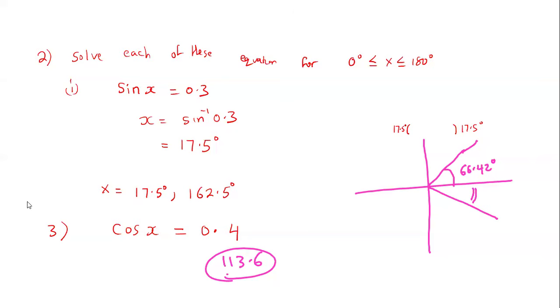So that's why now you need to understand the quadrants. So 246.4. Place it in the calculator. Does it give you a positive answer?